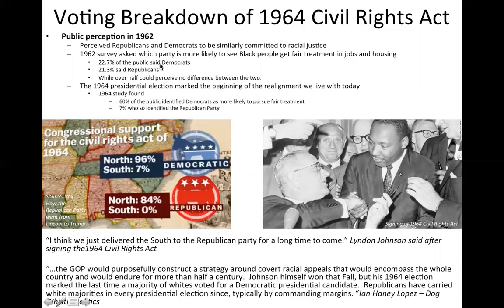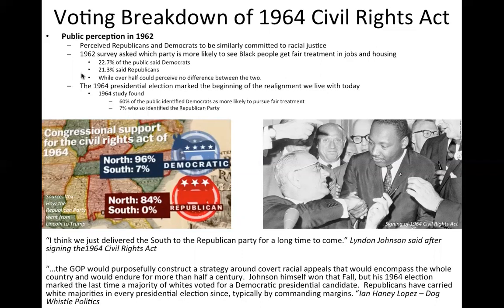There wasn't really a pro-Black party. They were going back and forth on different issues like the New Deal and the Red Scare. It wasn't until 1964 that the Democrats really became the pro-civil rights party.